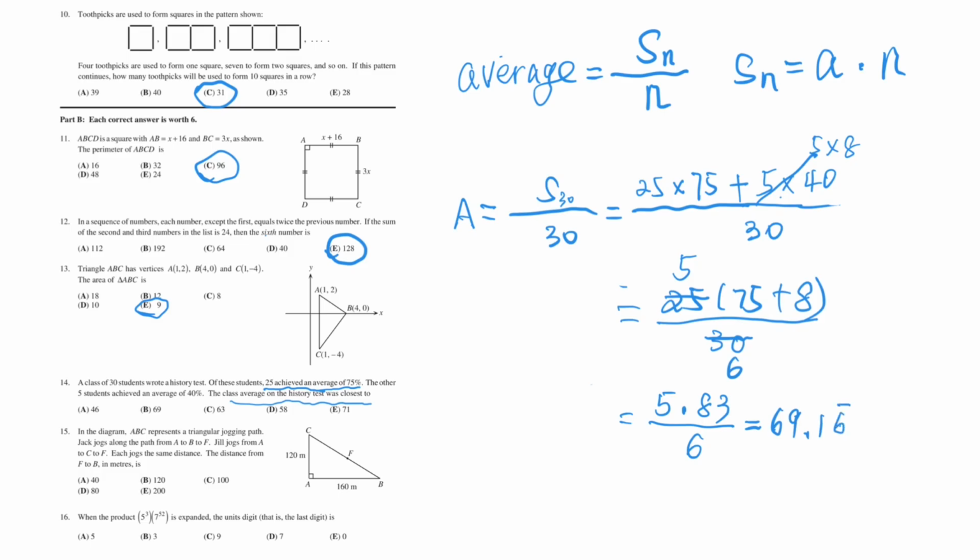They ask closest to the integer, so that is 69. So the answer is B, 69.